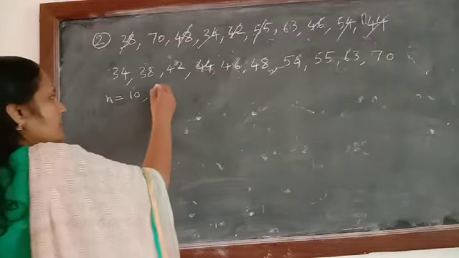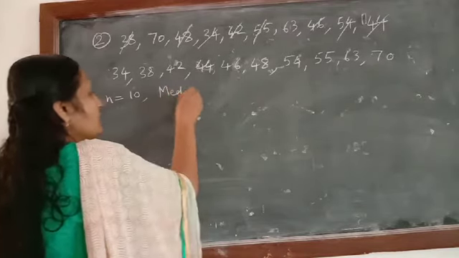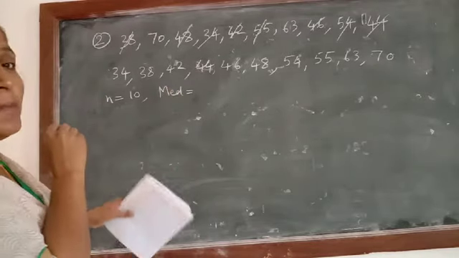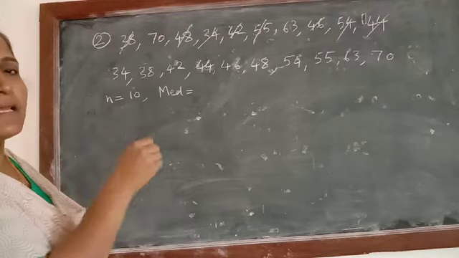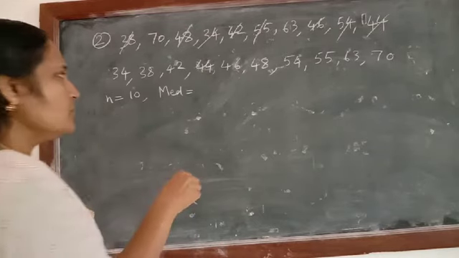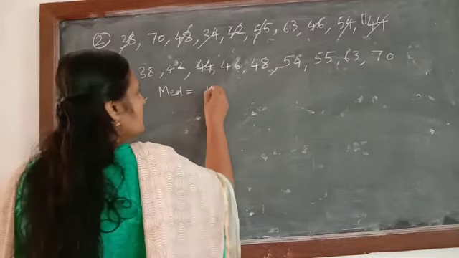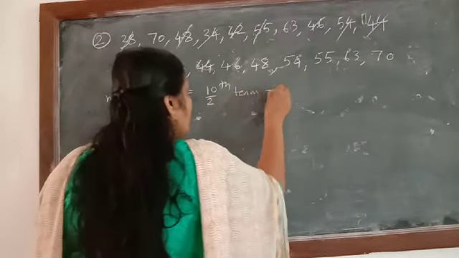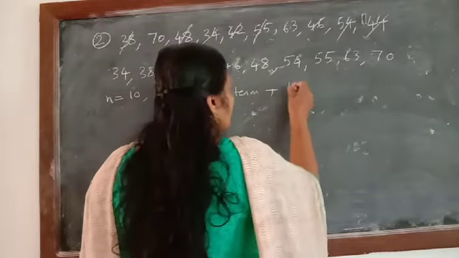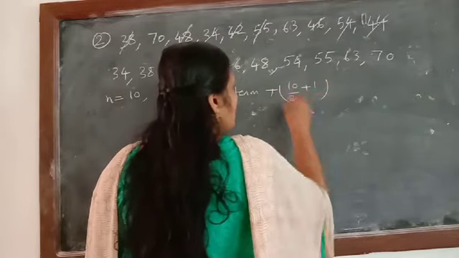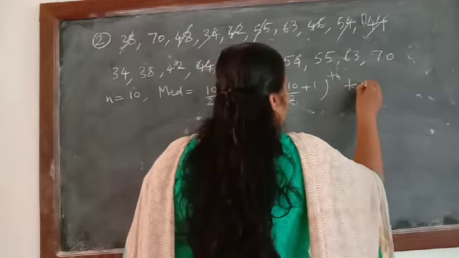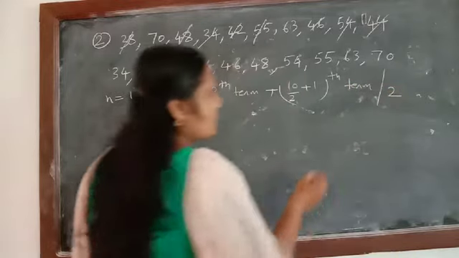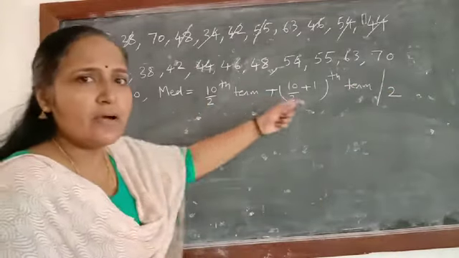And we know if n is equal to 10, the number of observations is even, so two middle terms will be there, and we'll calculate the average of these two middle terms. So what are the two middle terms? First will be the (10 by 2)th term, next one will be the (10 by 2 plus 1)th term, whole divided by 2, because we are taking the average of two numbers.